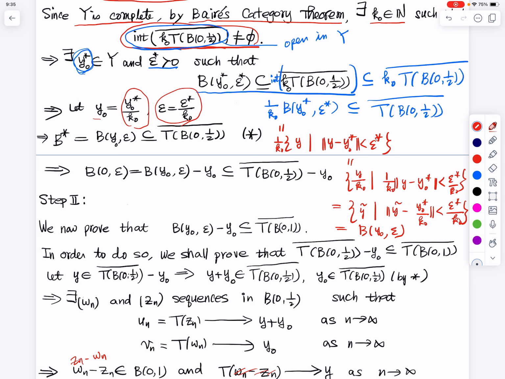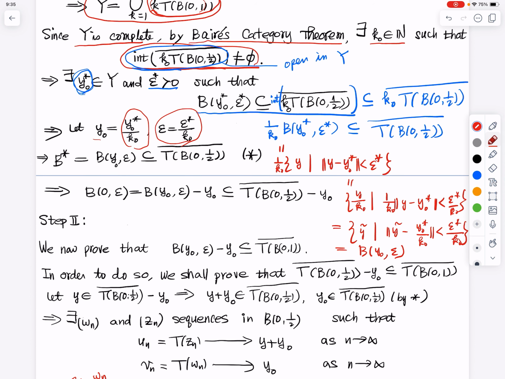So if I put y0 equals y0 star divided by k0 and epsilon equals epsilon star divided by k0, then B star equals B(y0, epsilon). This epsilon is the same as before. Then this belongs to T, B(0, 1/2), closure.